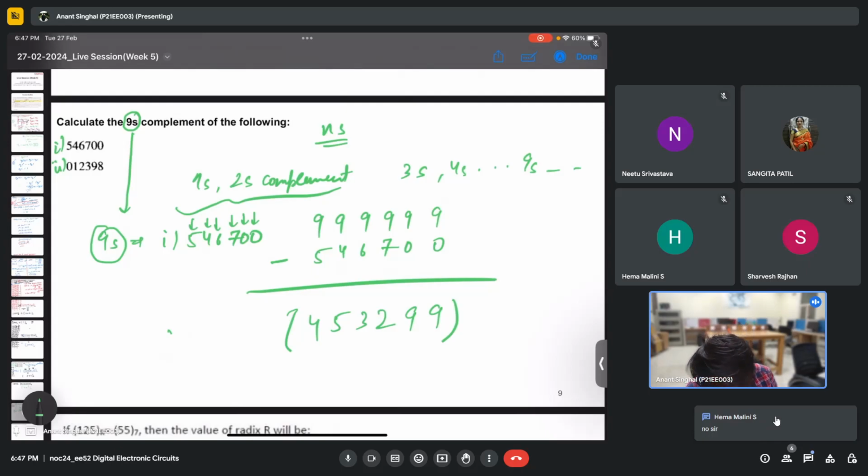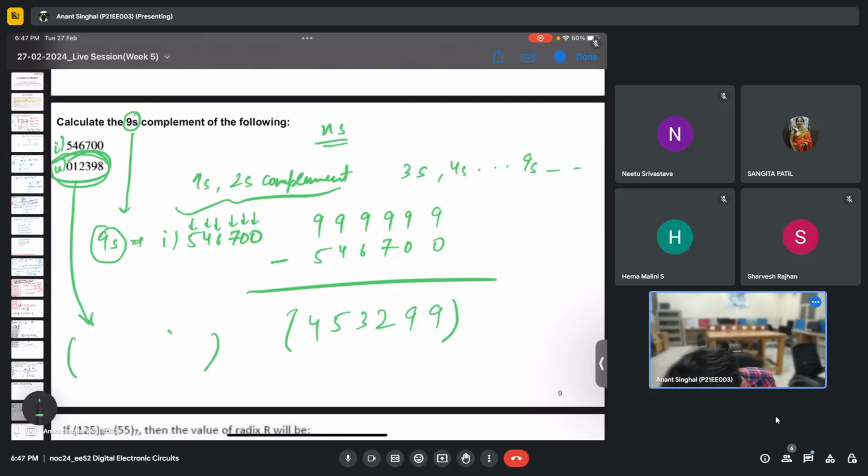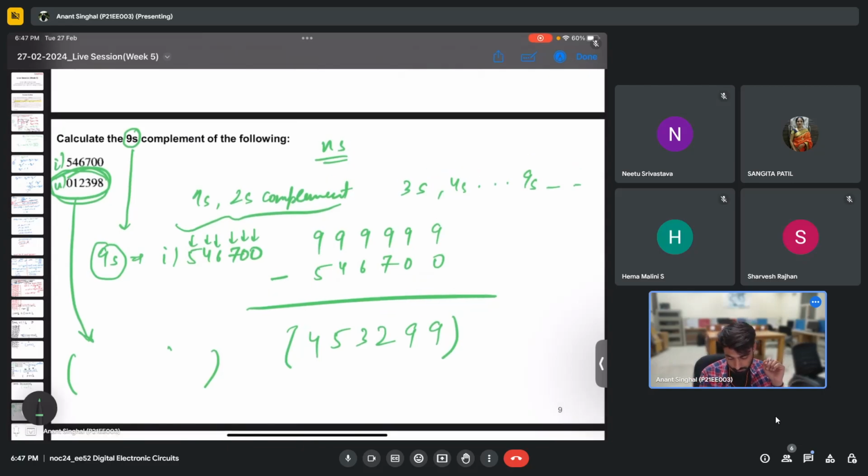Fine. So let me give you this one. Maybe you can calculate it first. Let me know the answer to this directly, and then I'll give you a problem to solve. This is very easy. You can write directly.